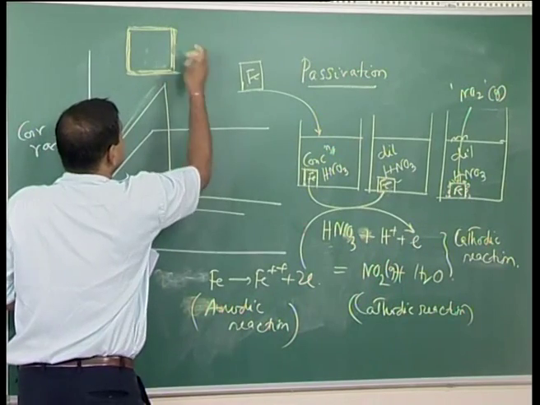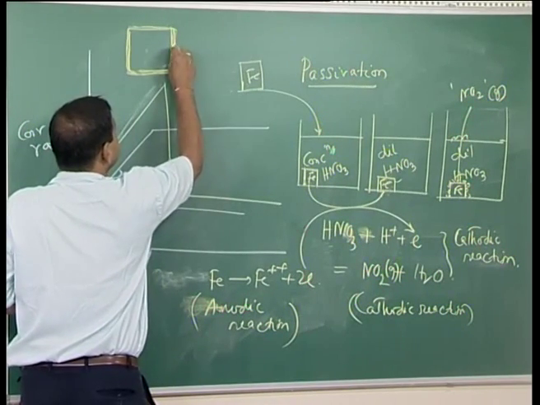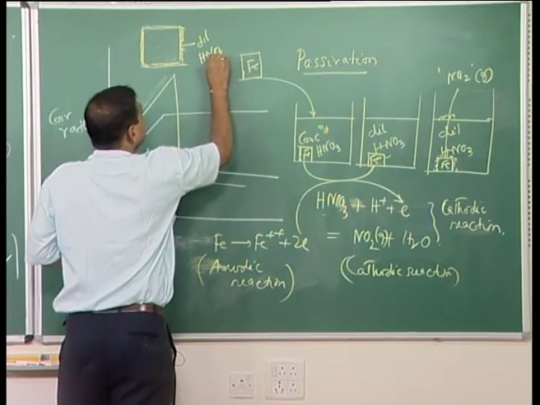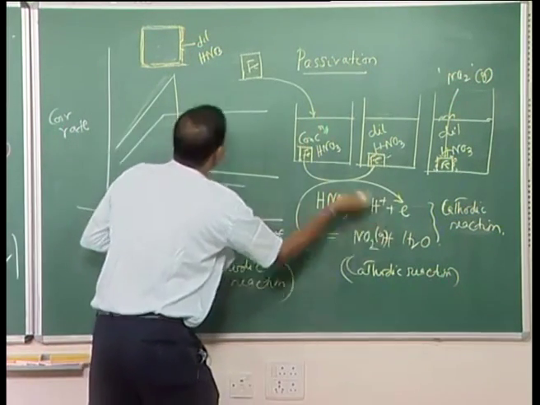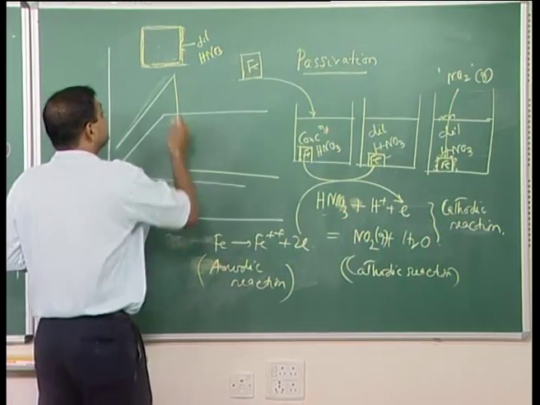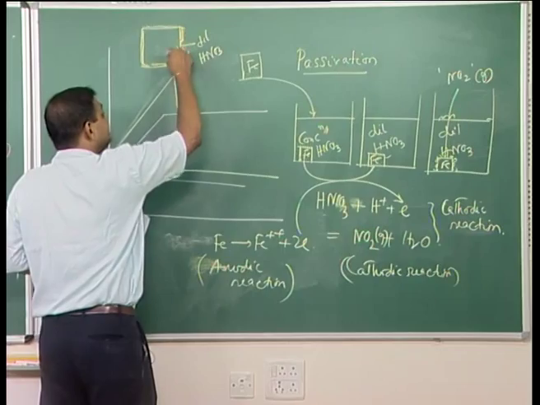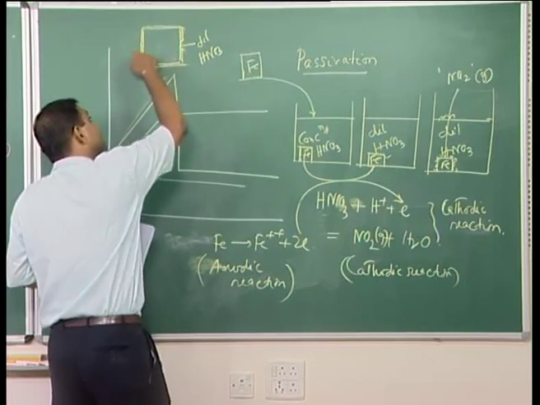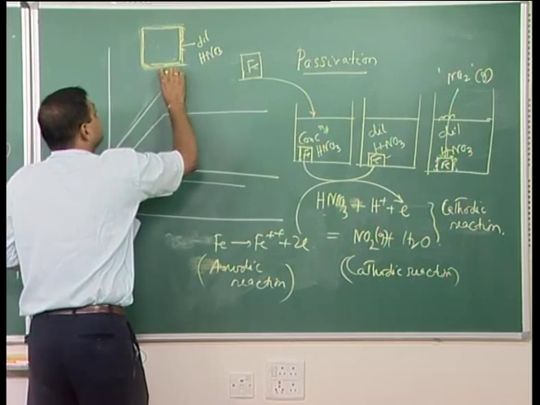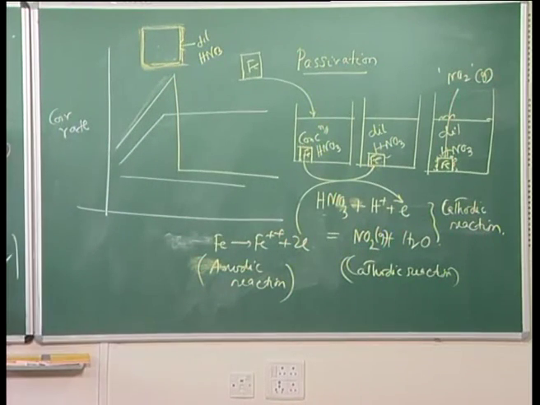So, this left section is exposed to dilute HNO3. So, this reaction can happen on this surface and gradually iron will dissolve, and at the same time as this iron dissolution is taking place, this will extend over the entire area, and then the entire area would be susceptible to dissolution.